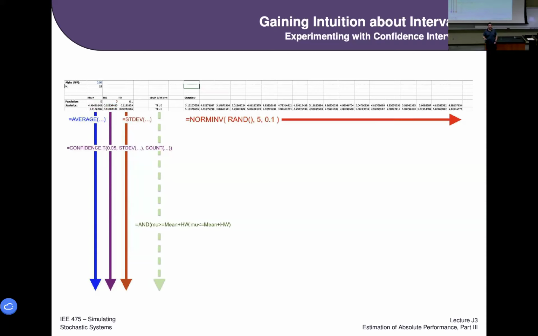For each one of these, I know the true mean, it's 5, because I generated the data. Under normal situations I wouldn't know the true mean, but in this case I do. So I have one more column where I asked, is 5 in the confidence interval that was generated? For this first row, it says true. That means the confidence interval that came from these data happens to include 5.